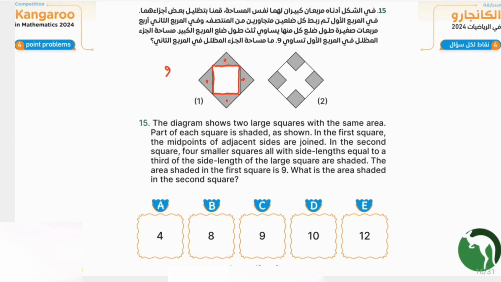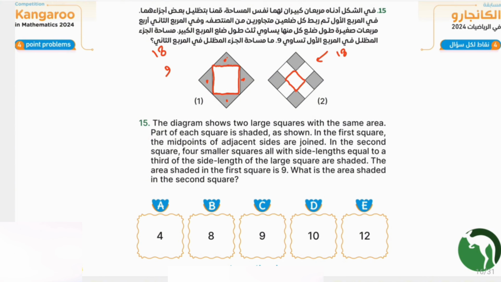And we know that this one here is 9, so the complete area of this big square is 18. Now we know that this area is 18, so this one also will be 18, the whole area.